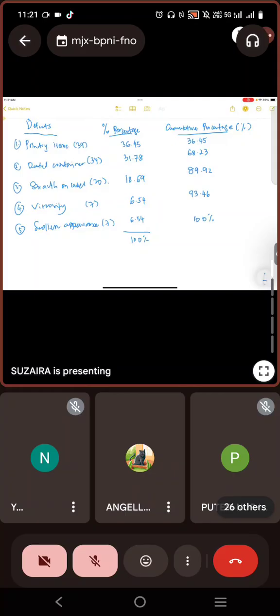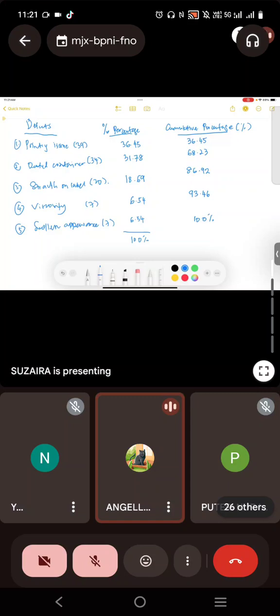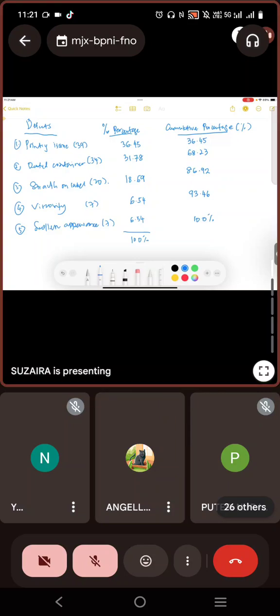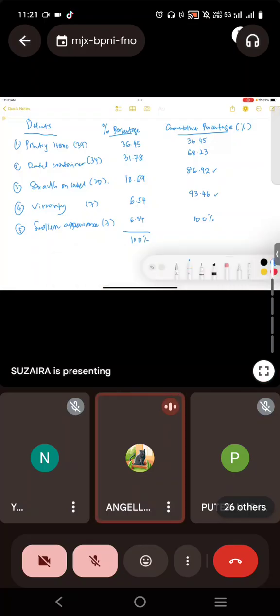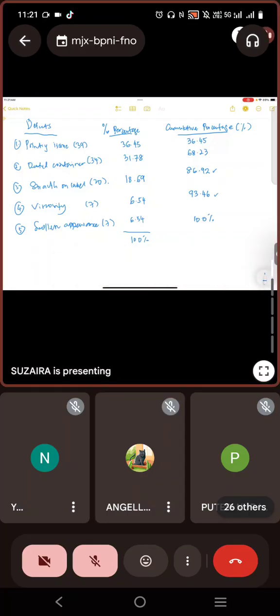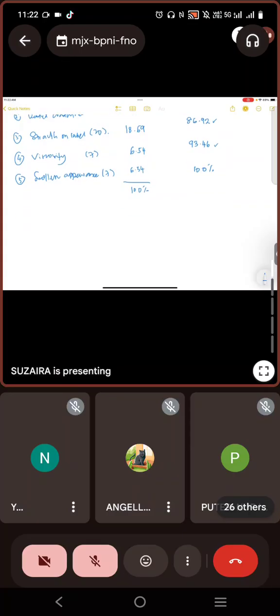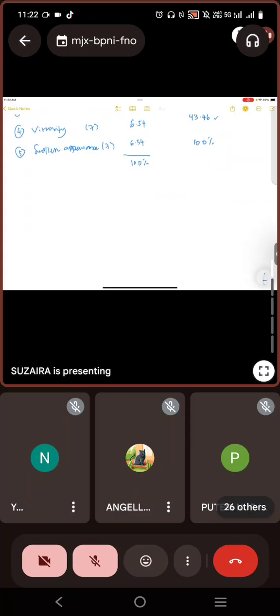Okay, plus 18.69. 86, yes, here. This one, right? 86.92 plus the one below, is that right? 6.54. Below that is 93.46. Alright, plus with 6.54. Okay, this one is right now, right? The others are right.